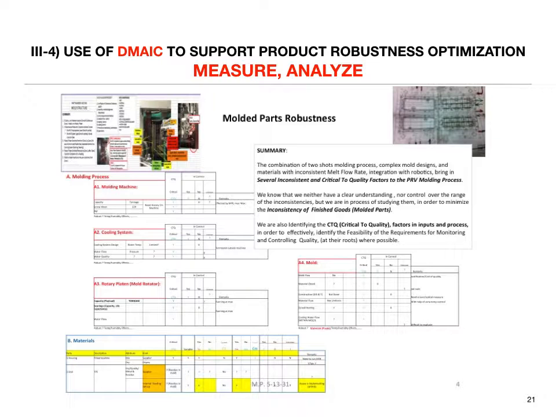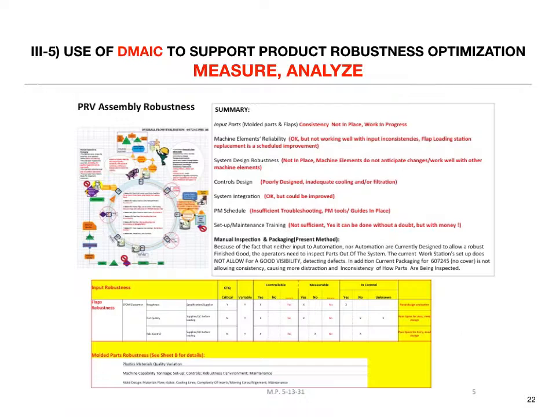I presented to management my analysis of the different molding machines, the cooling system, and the rotary machines. Basically, these are different mechanisms within the molding machine that affect the quality and the material. Again, the summary of what the problems are and why I am asking for the solutions.